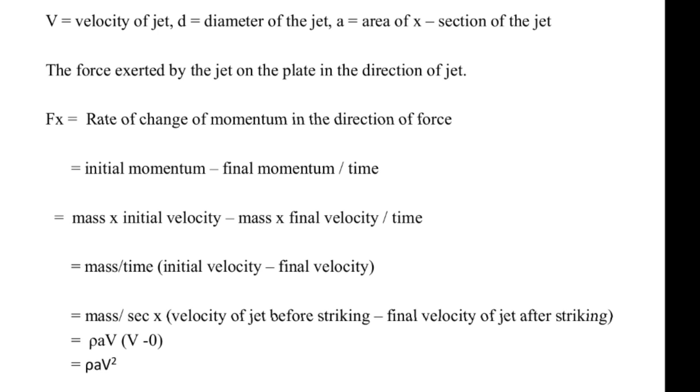Therefore, taking mass divided by time common, in bracket initial velocity minus final velocity, equals mass per second, time being measured in seconds, multiplied by, in bracket, initial velocity, that is velocity of jet before striking, minus final velocity of jet after striking the plate.